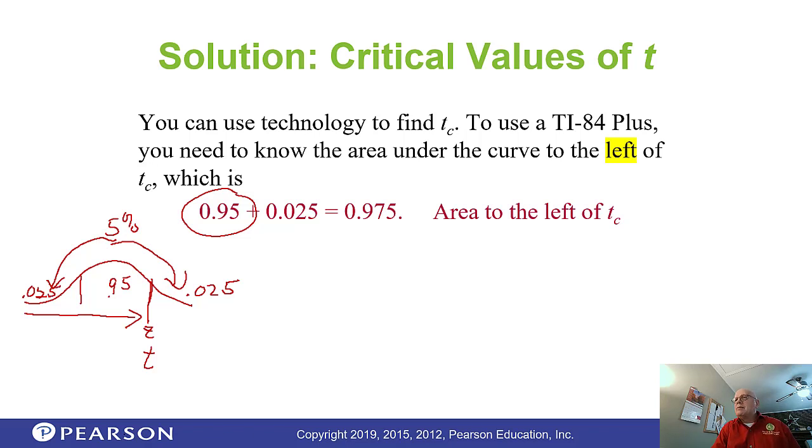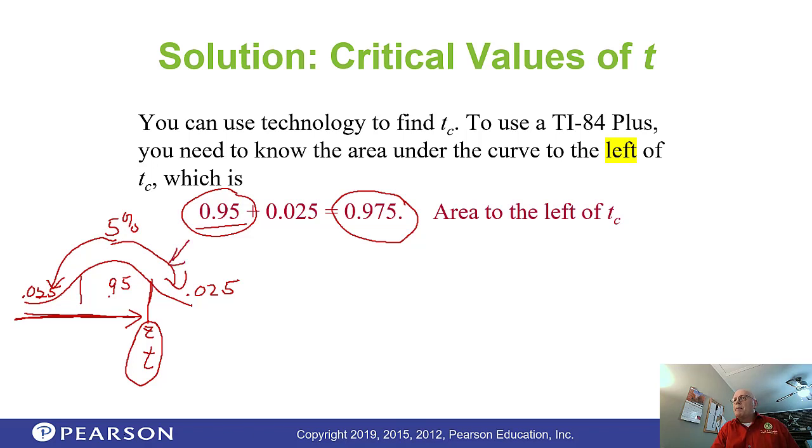Now what does that mean? What we need is what this area is, from negative infinity up to the T value we need. So you'll need to use 0.975 and not the 0.95, unless you have a calculator that says you're talking about the center, and then you can do it directly. Otherwise, you'll have to make this adjustment. That's going back to the picture again.